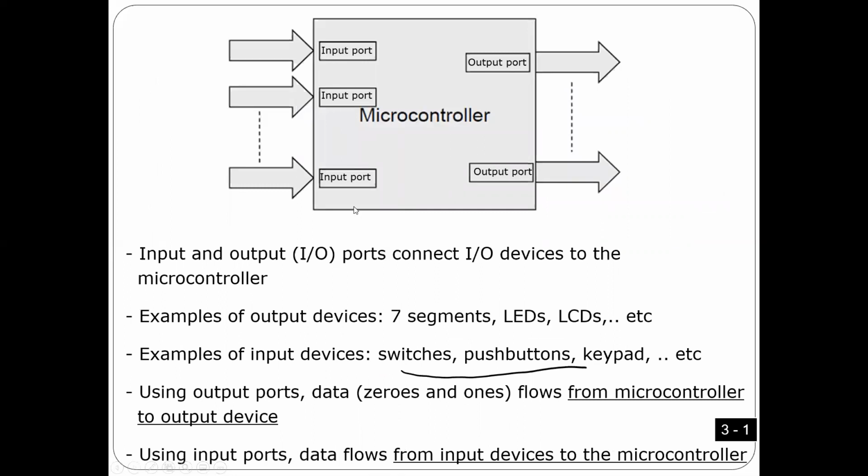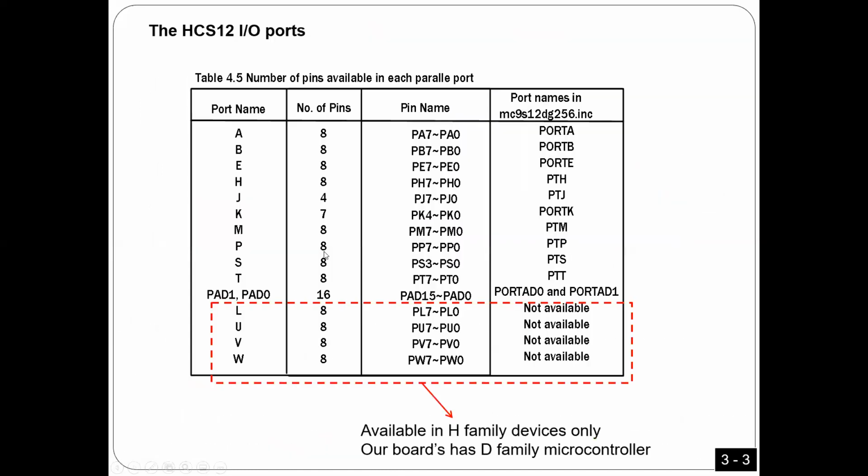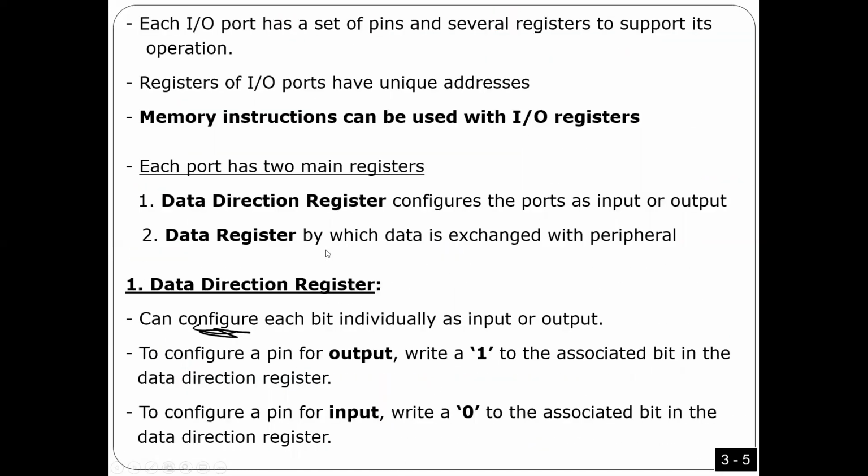If this port is connected to an input device, you have to program it first as an input port, or you have to program it as an output port. So the question is, how can we program them? That's very easy. To configure a pin for output, all you have to do is write one in the corresponding bit in the data direction register.